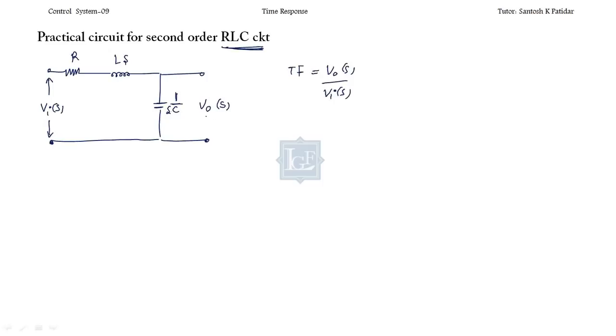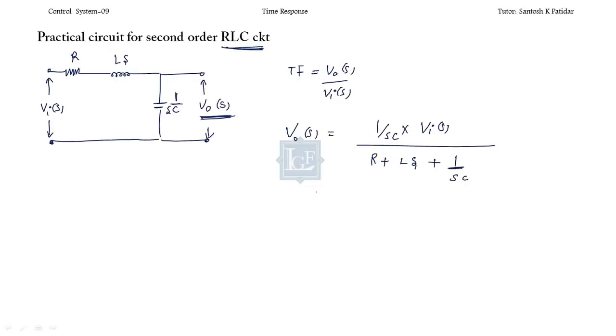By the voltage division rule, you have to find out the voltage across this capacitor, correct? So what it will be, V0(S) is nothing but 1 by SC multiplied with Vi(S) divided by R plus LS plus 1 by SC, correct? So let's simplify this.